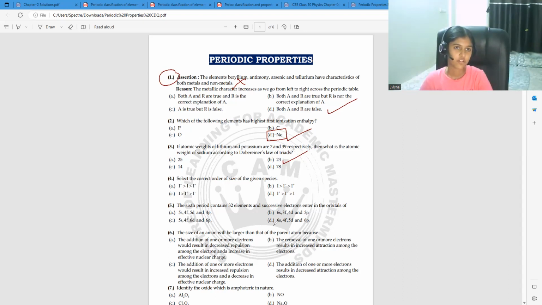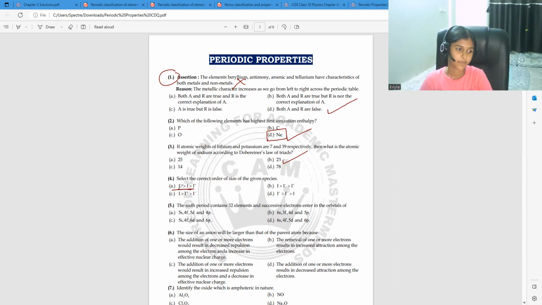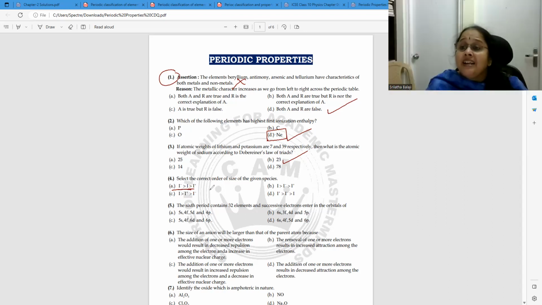A option. Why? Anion is greater than neutral atom, and neutral atom is greater in size compared to the cation. So, can you relate? Are you with me, students?